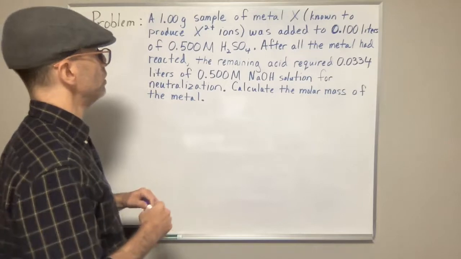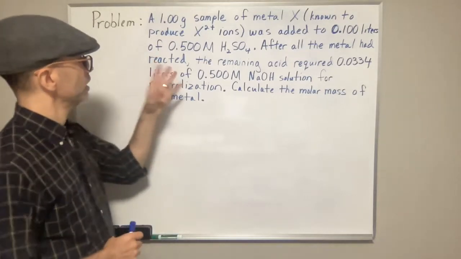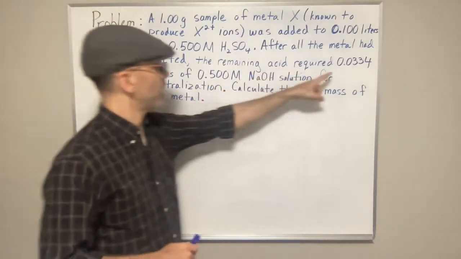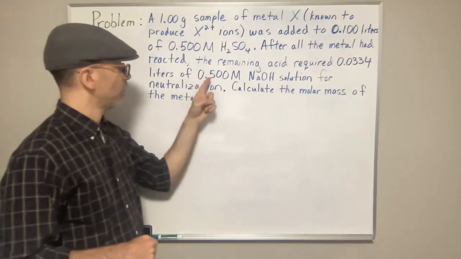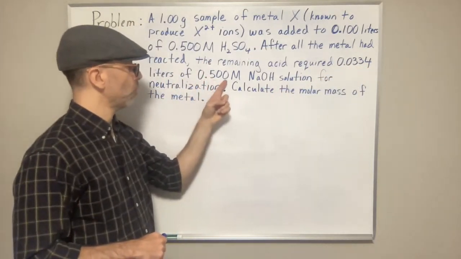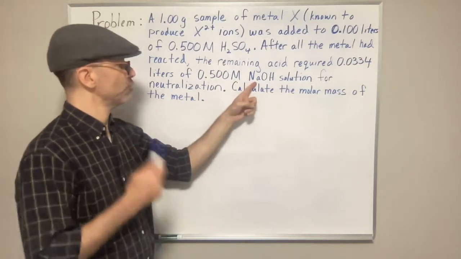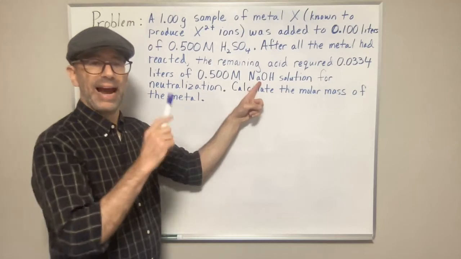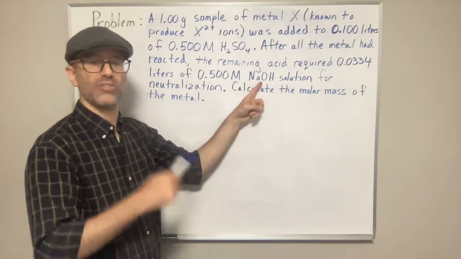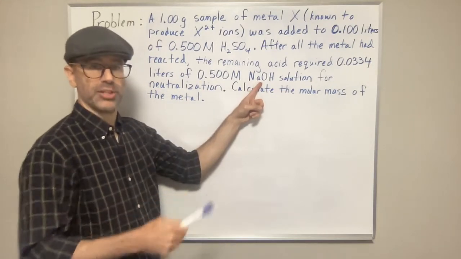Okay, so they tell us that we needed 0.0334 liters of our 0.500 molar NaOH solution to neutralize the acid. So that means that the acid that was left over wasn't used in the reaction.